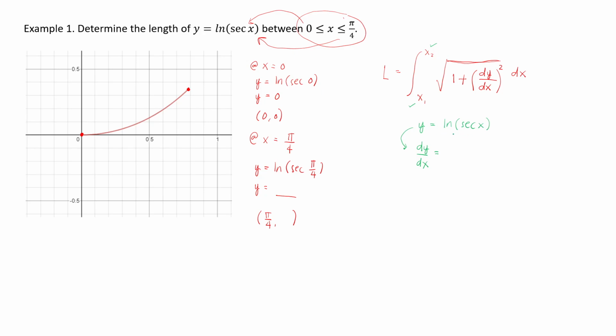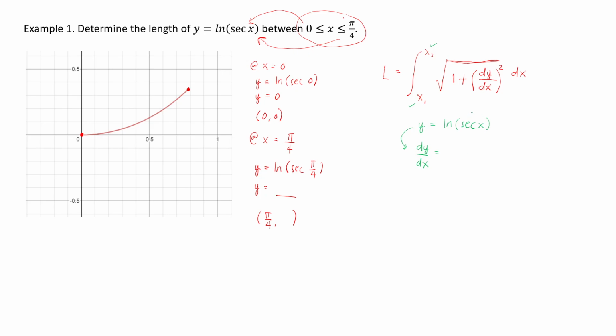So again, derivative of ln secant x. The derivative of ln is du over u, right? Du over u. So let u be the secant x.